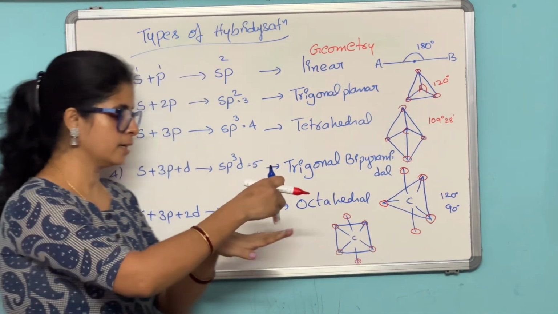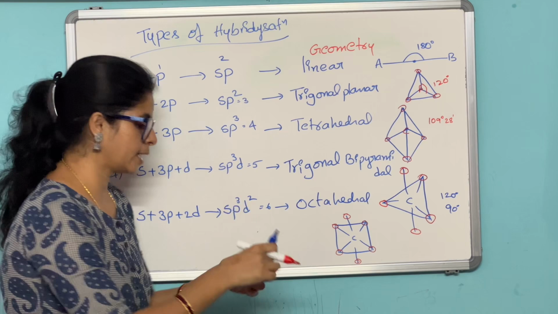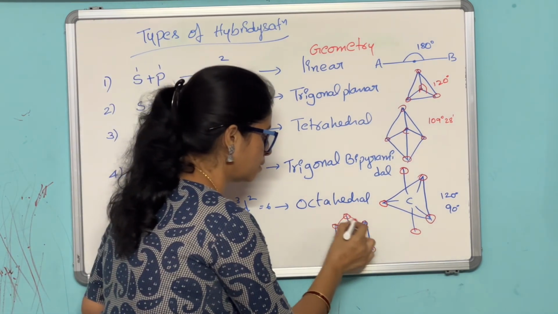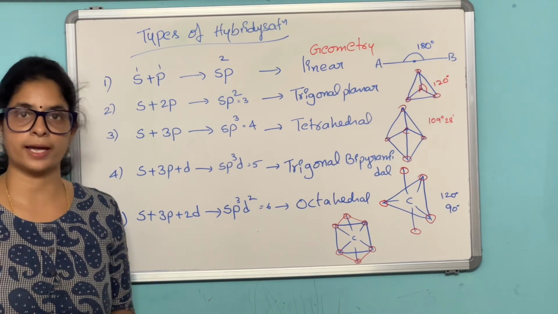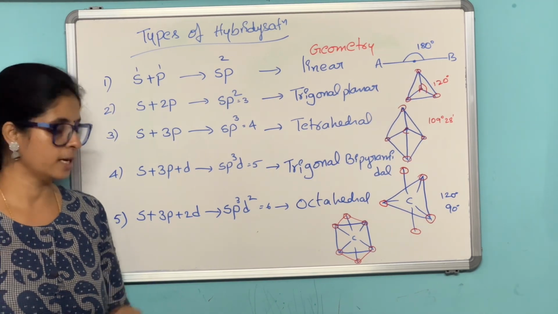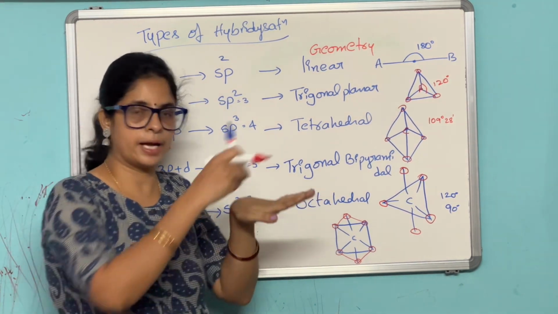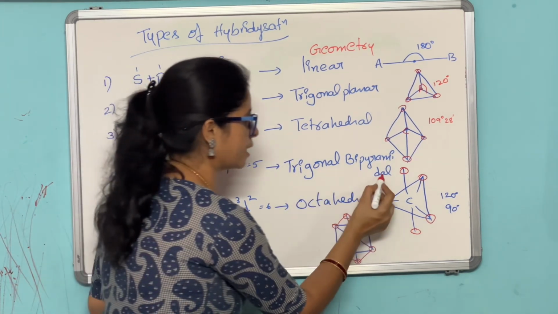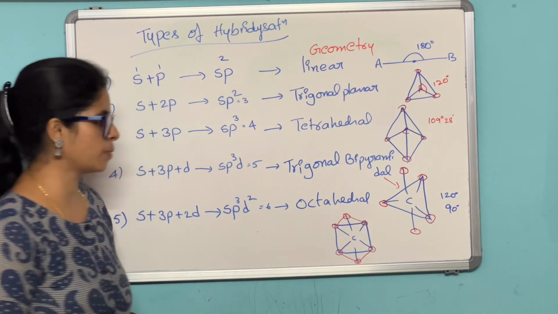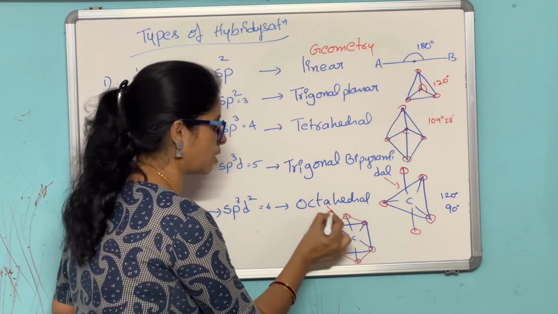Here it can be octahedral or square bipyramidal also. Square and above the square. Here similar to the trigonal, this is trigonal bipyramidal geometry shape, and it is octahedral.